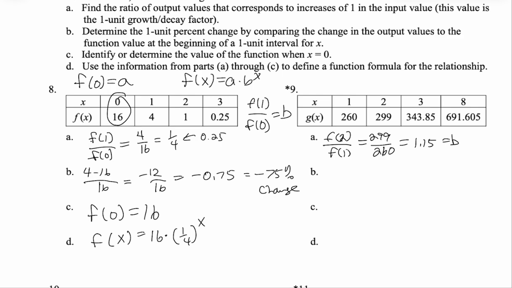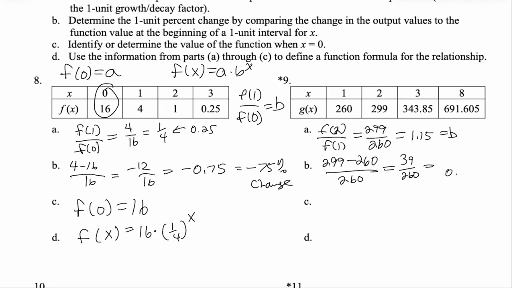The change, our ending value was 299. Our beginning value was 260, divided by that original 260. So 299 minus 260. It increased by 39. 39 divided by 260 is a 0.15 increase, or a 15% change.